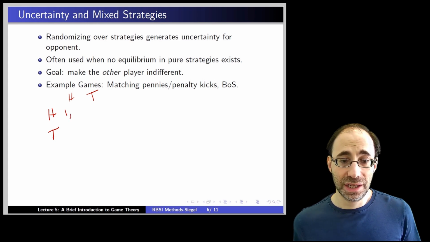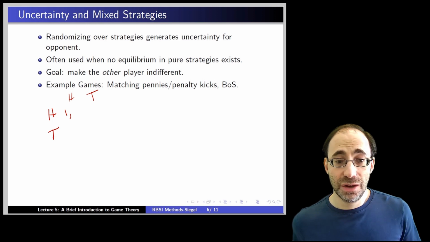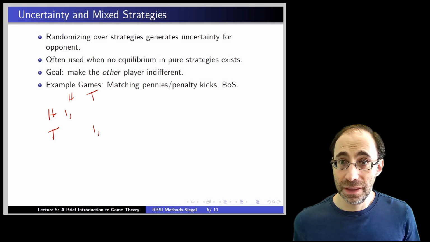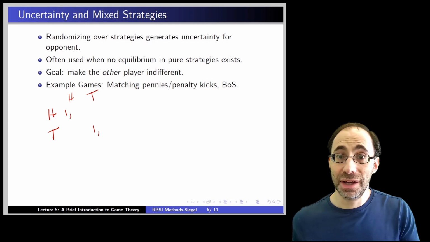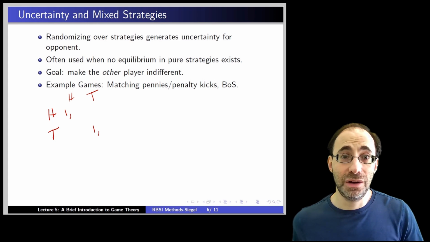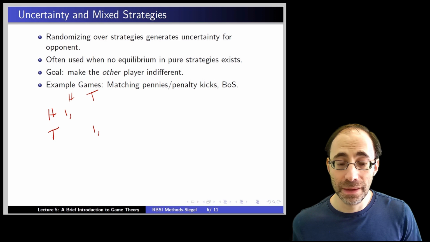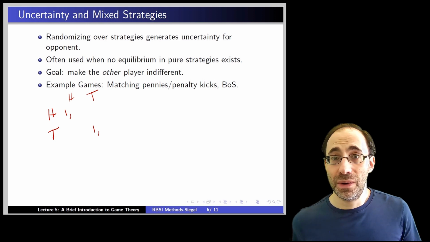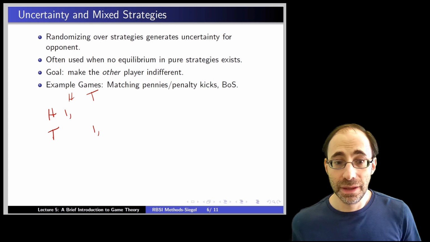So in this case, player 1 wants to have heads if player 2 has heads, or tails if player 2 has tails. In penalty kicks, player 1 is the goalie and wants to block the ball, so has to jump in the same direction that the kicker kicks it in. Or anything else in which player 1 wants to sort of defend against player 2's actions.